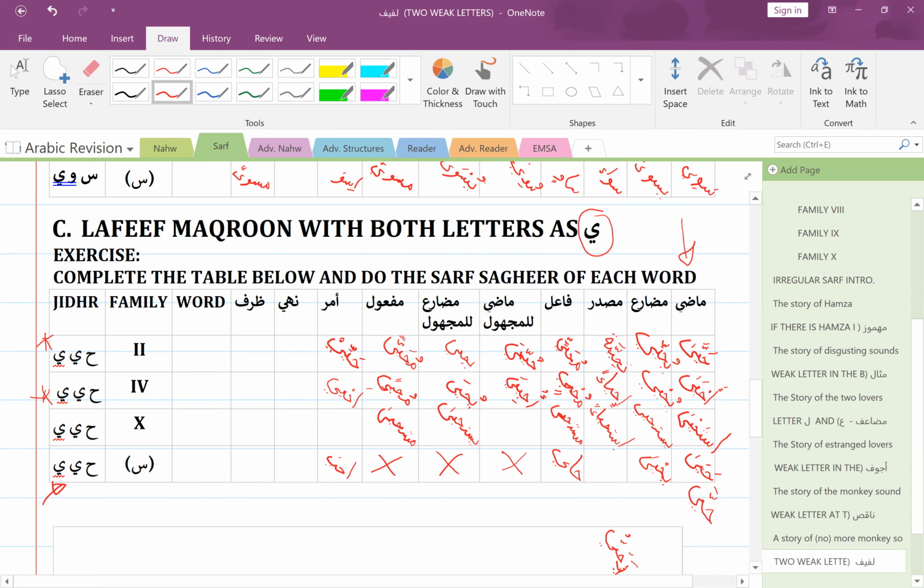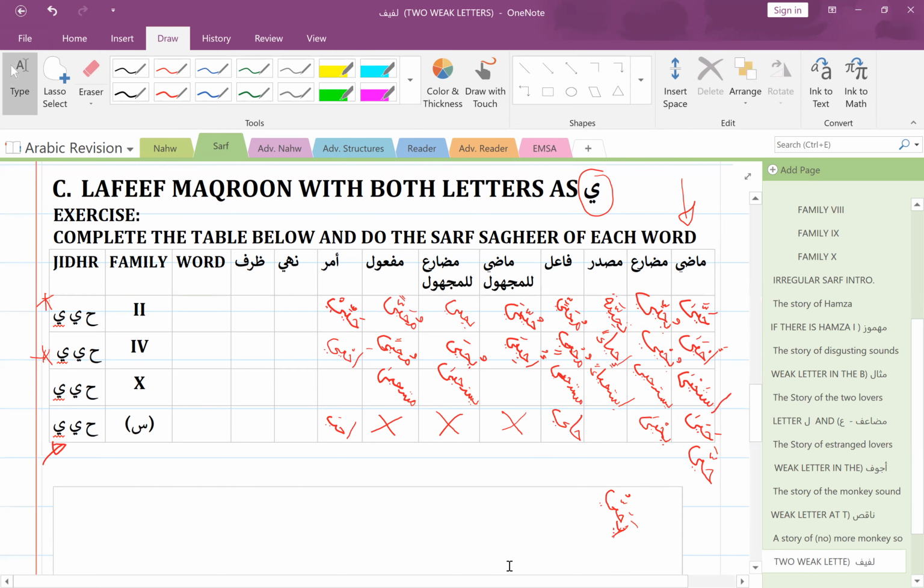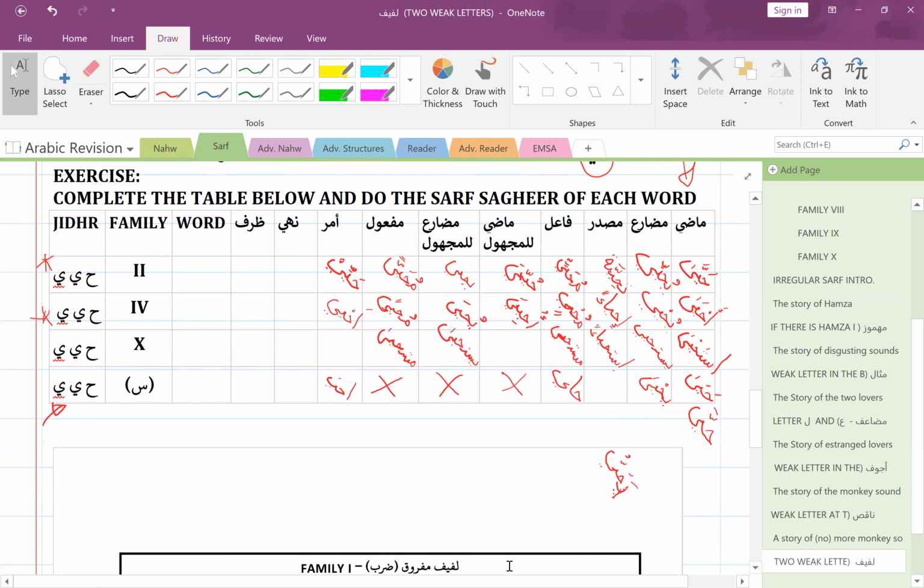So it gets a bit confusing. To make things easier, just do it naqis. That would be the safer choice. But if you know that in the Madi they use muda'af, and in the mudari' they go to naqis, then you can do it that way. But to stay safe, stick with naqis. I think that is important information to mention.